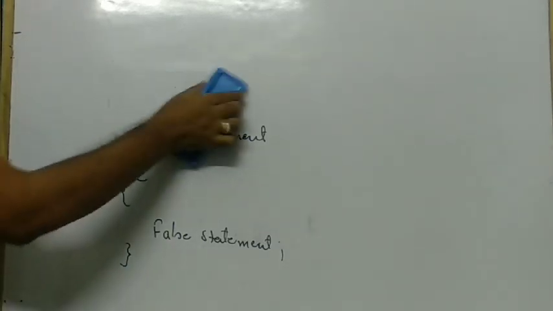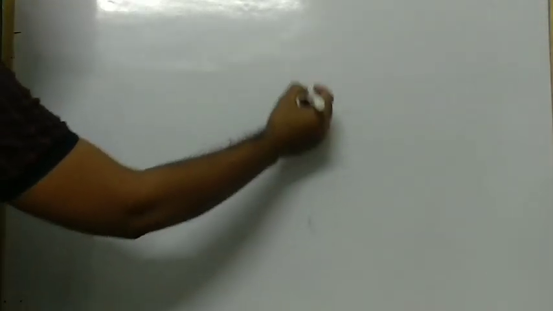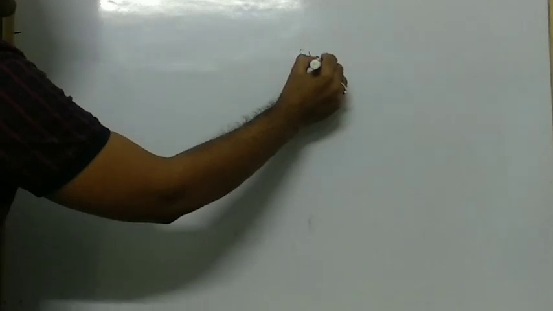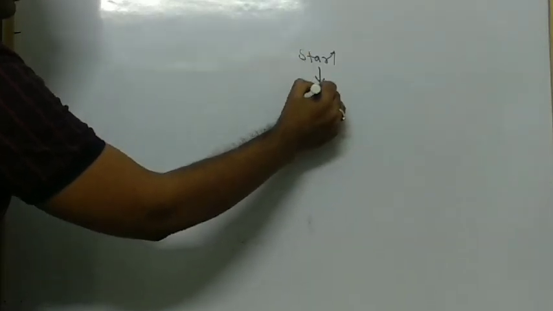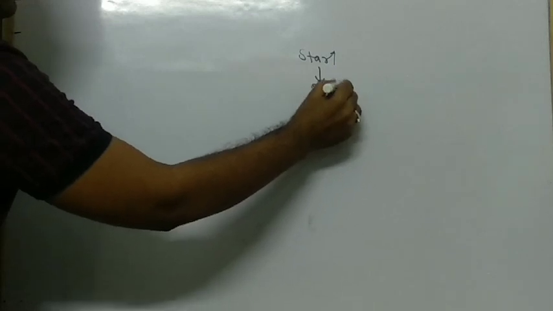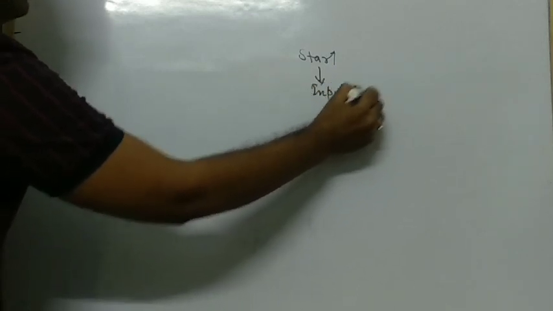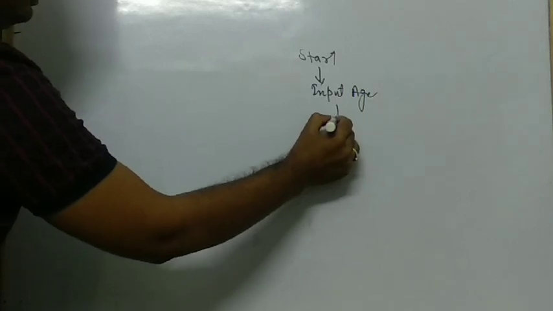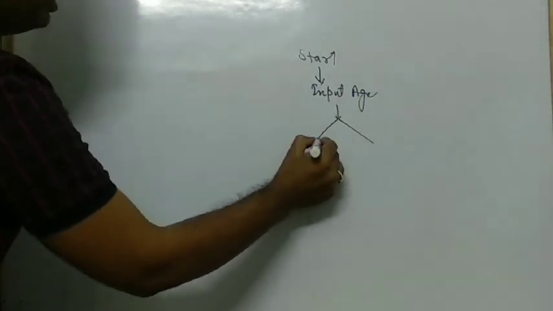Okay. Like if I want to check whether a person is eligible to cast a vote or not, what is the flowchart for that? Firstly, the flowchart goes like this: start, input age, then here there is a decision box.